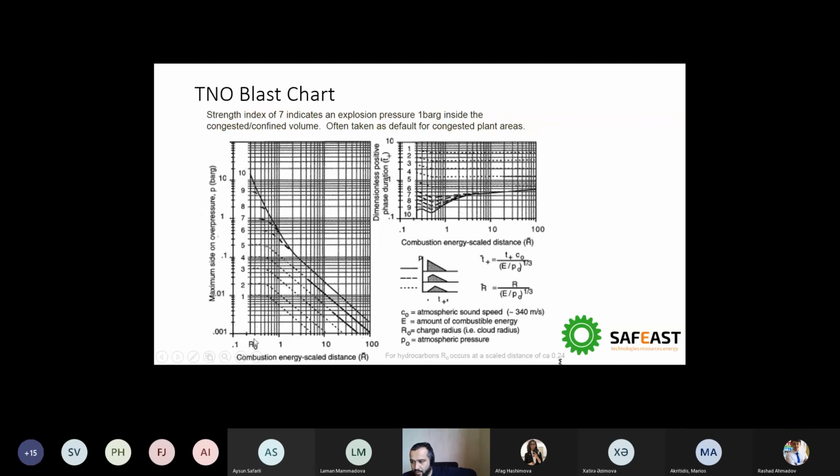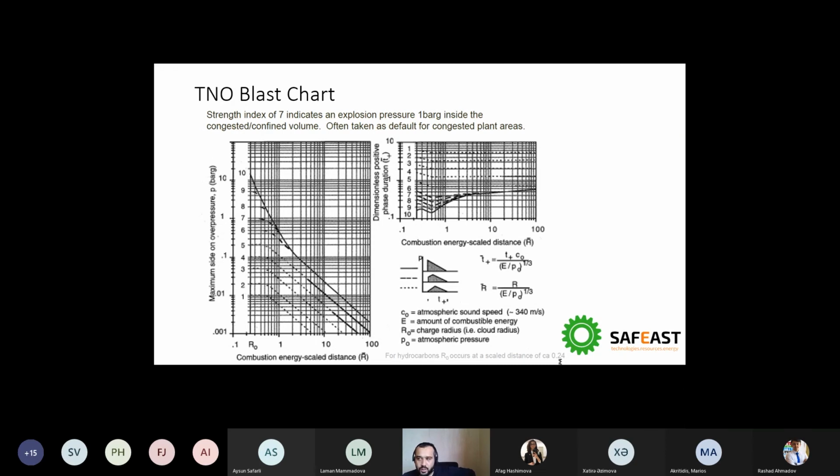Based on your congestion, let's say you are on this column, and if your charge radius results in 10, you look at this chart and say that it will result in 0.02 bar G overpressure. Then you will further interpret what this overpressure does to the people, the buildings, the structures, etc.